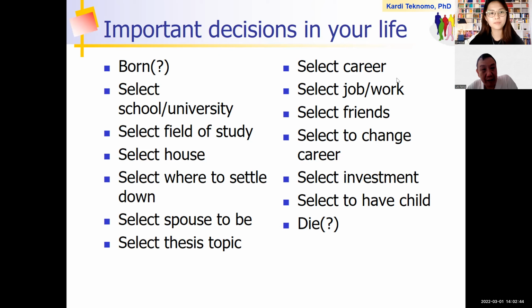For example, selecting a school or university, which will shape you. Selecting the field of study when you enter IPE. One day you will select a house, or you probably don't select and will stay there forever. That is the same thing: not selecting is the same as selecting, that default. Then where you want to settle down, perhaps abroad, and selecting the spouse to be.